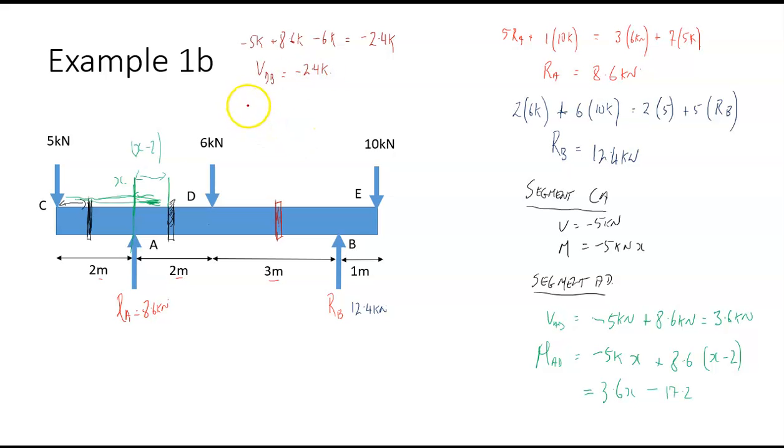And now if we want to get the bending moment from D to B, it's the sum of all the bending moments to the left.